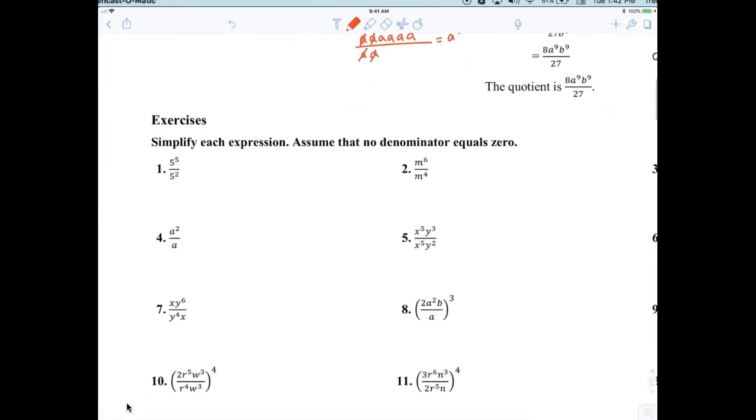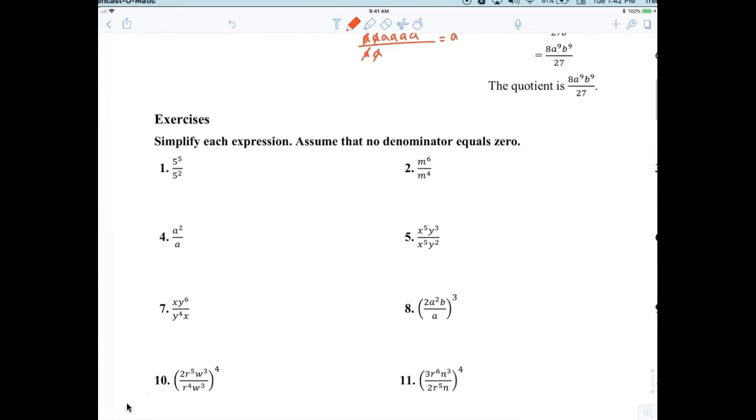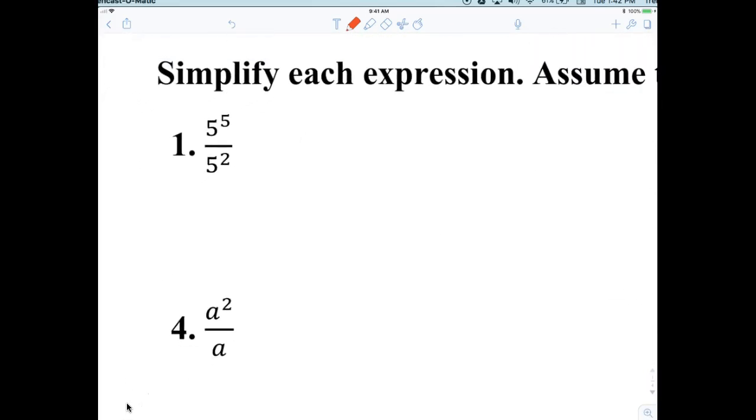Now, I want everybody to take a look at number 1, because people make mistakes with number 1. The base remains the same. So this answer is, I just want you to write it as 5 cubed. Guys, listen, we have way too much to do.